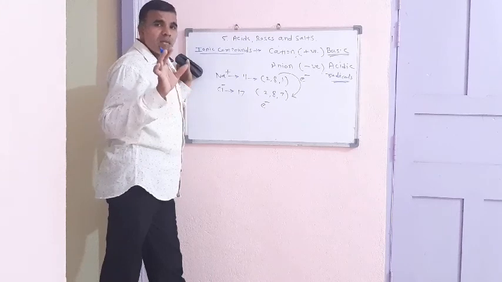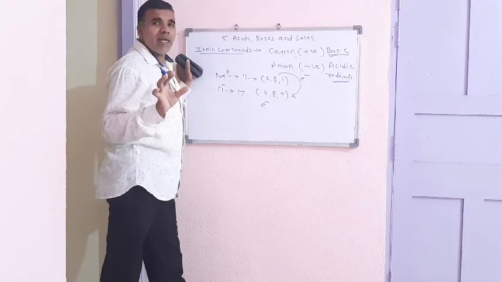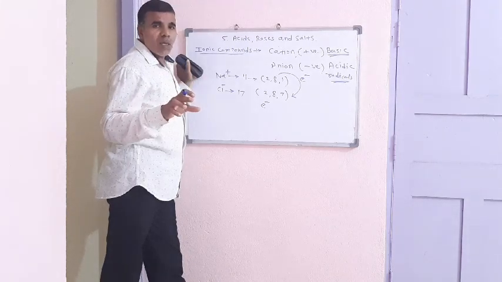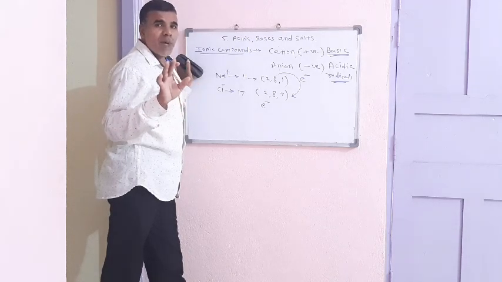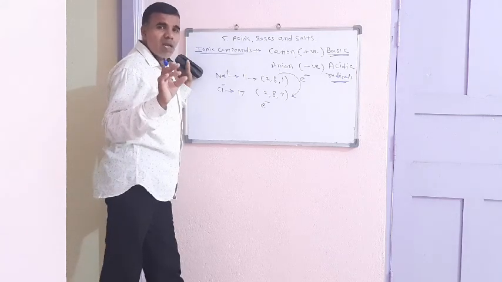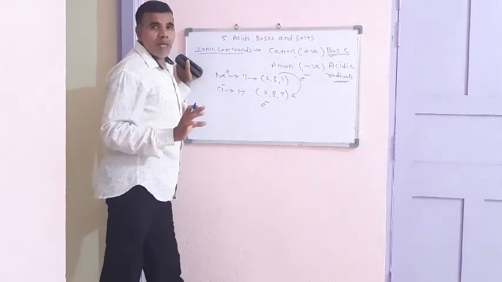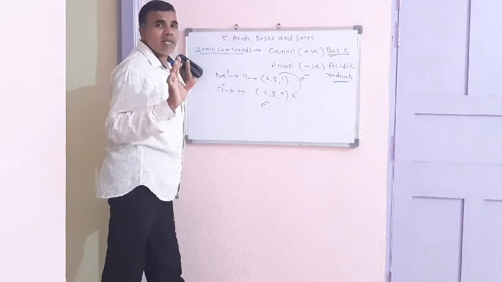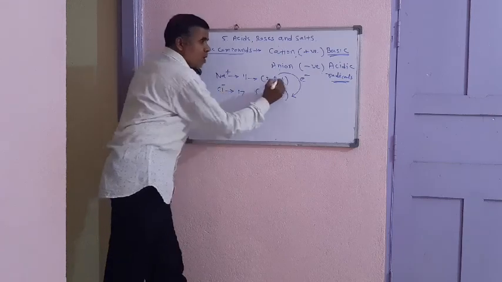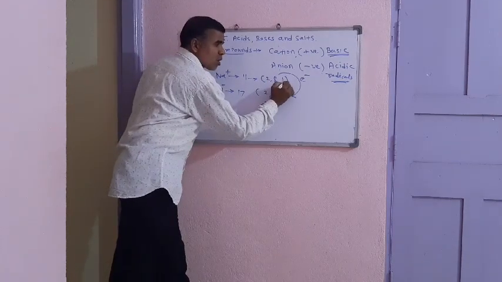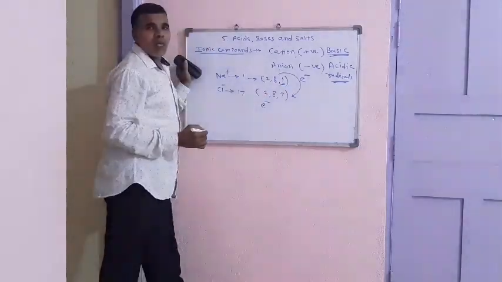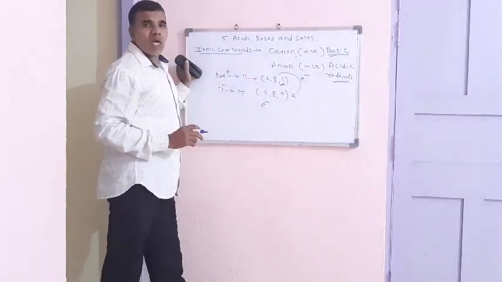Octet means the element contains 8 electrons in its outermost orbit. Such a substance does not take part in a chemical reaction because it contains 8 electrons in its outermost orbit. So the octet state is completed when sodium loses one electron to chlorine and chlorine accepts one electron. Then the ionic compound is formed.